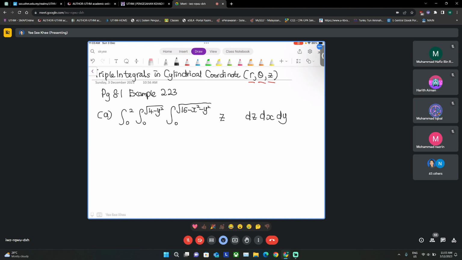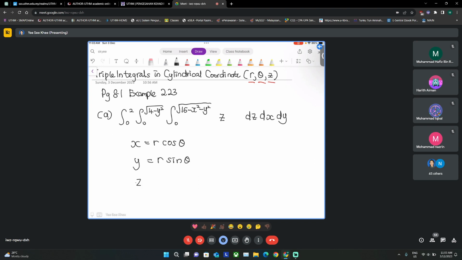Okay, so when you have to solve using the cylindrical coordinate, it means that you don't want to see the x, y, z anymore. All the x, y, z in the triple integral, you have to convert into r, theta, and also z. So here you need to apply the conversion formulas that you have learned earlier, which is x equals r cos theta, and y equals r sine theta.